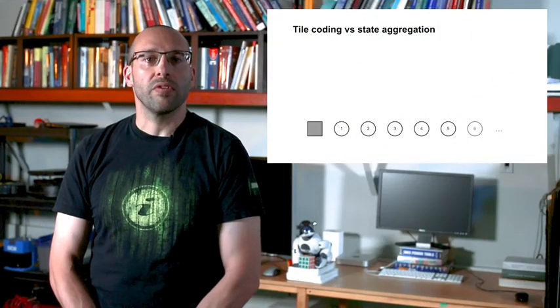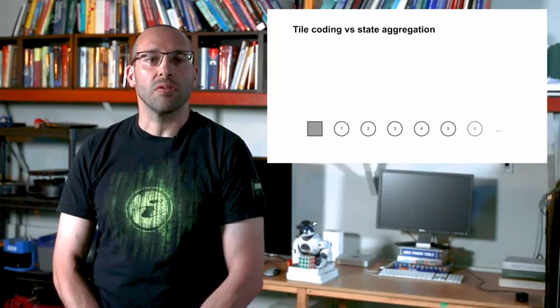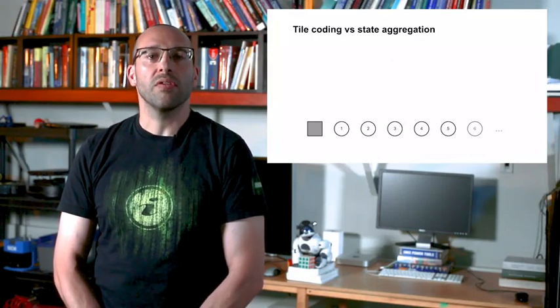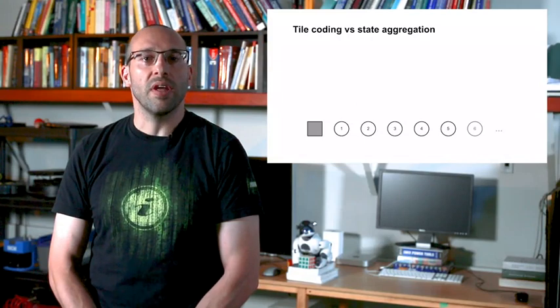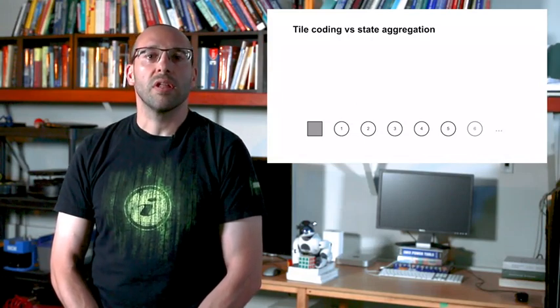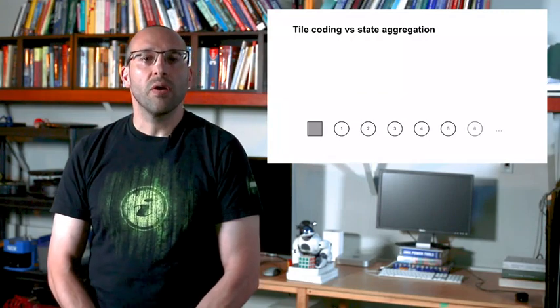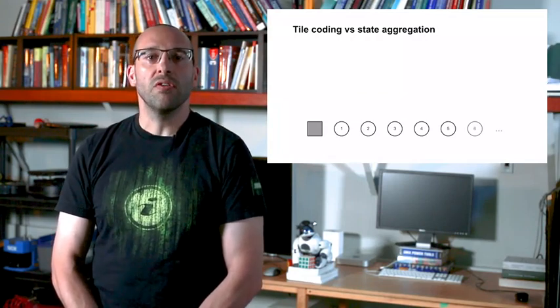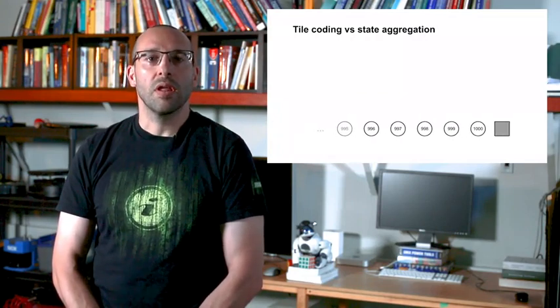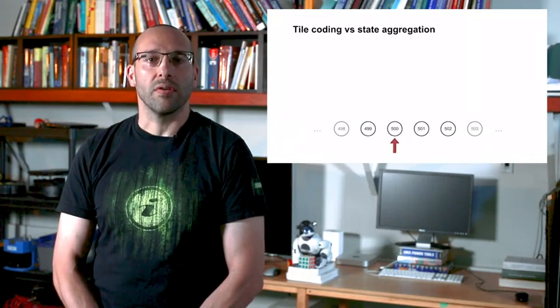Now let's run an experiment with tile coding and compare it to state aggregation. Recall that tile coding is effectively multiple instances of state aggregation, or tilings, layered on top of each other. Our environment is the 1000 state random walk. The states are numbered from 1 to 1000, and all episodes begin in state 500.